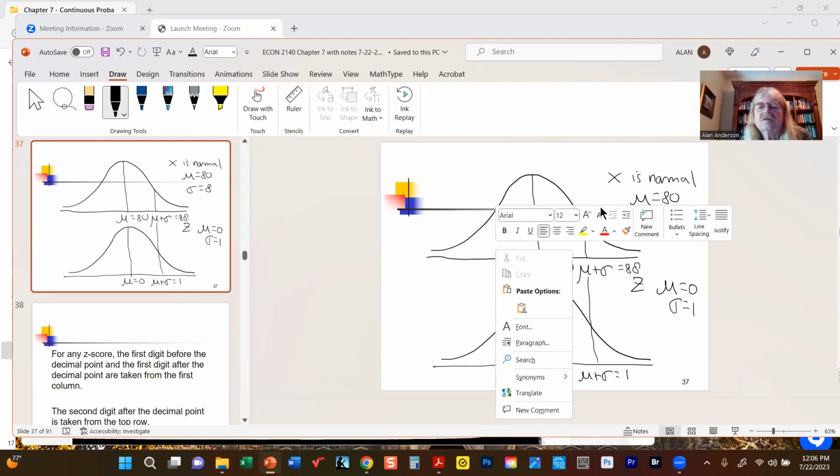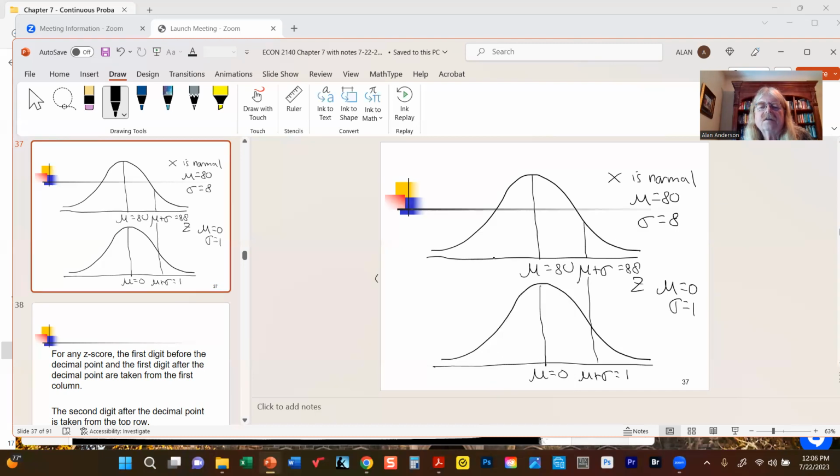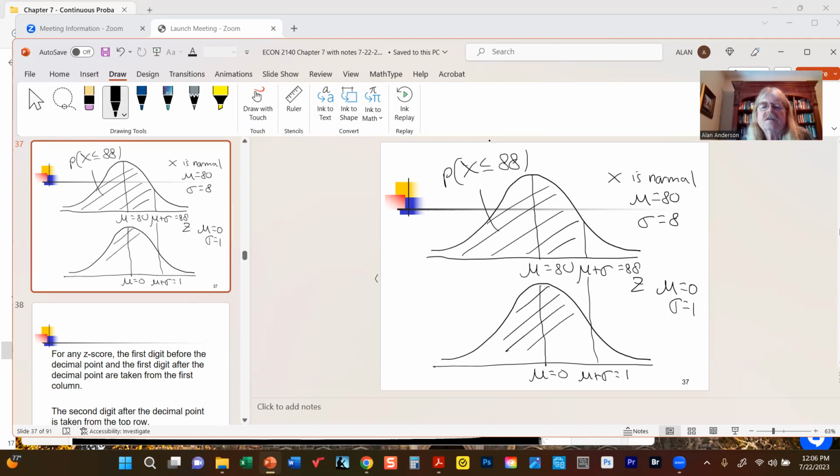Okay, so in other words, a probability of being less than or equal to 88, which would be all of this shaded region. Oops, sorry, wrong one. X less than or equal to 88 is equivalent to saying Z, the standard normal random variable, is less than or equal to 1.